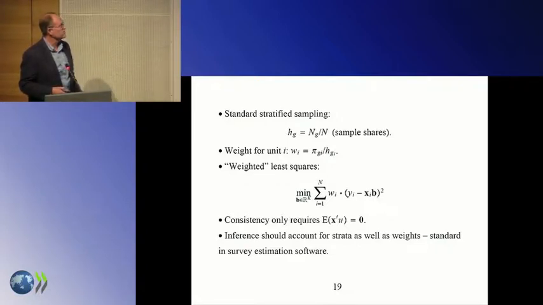And of course, what this is doing is giving more weight to units that are underrepresented in the sample relative to the population. Okay, so this is what the estimator looks like. It's kind of unfortunate that we also call this weighted least squares, because this weighting, of course, has nothing to do with heteroscedasticity.